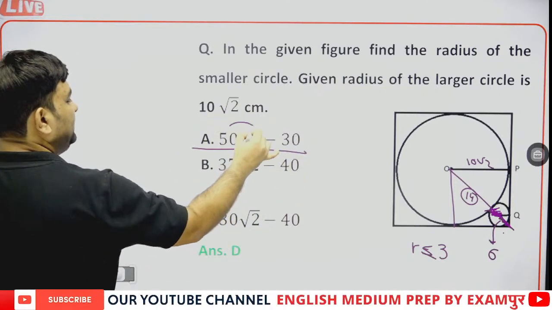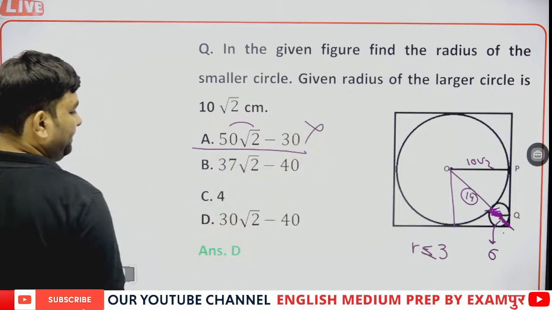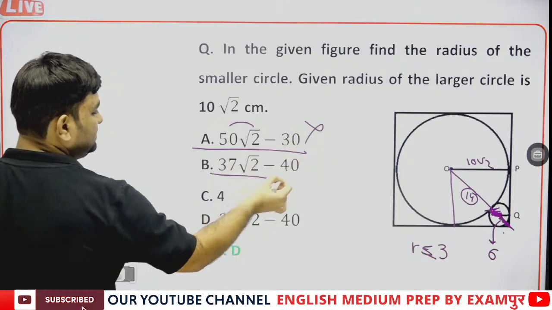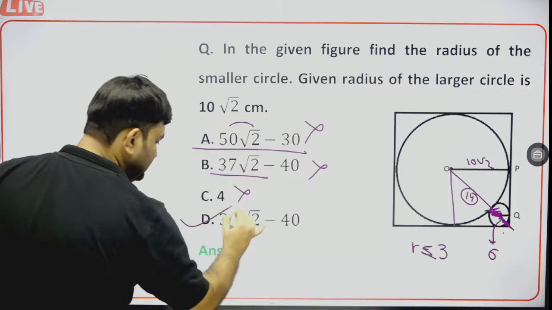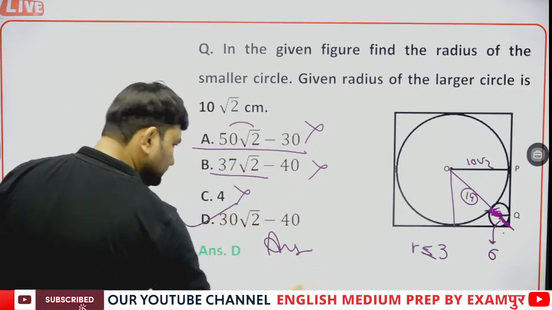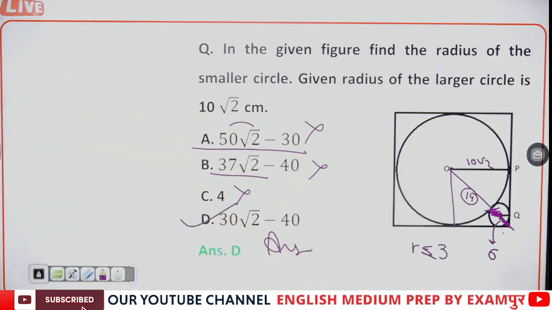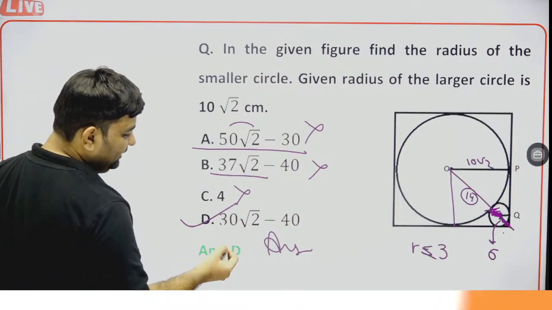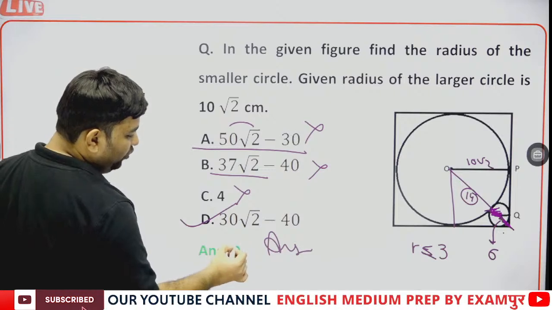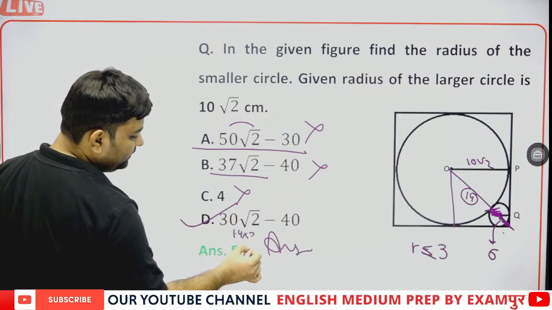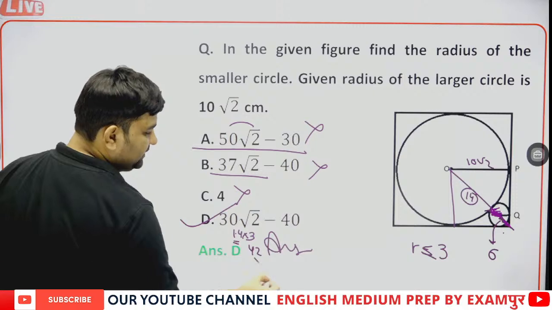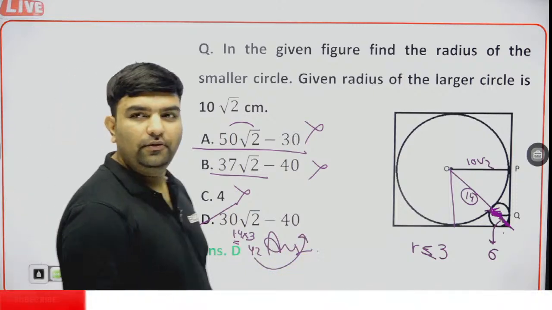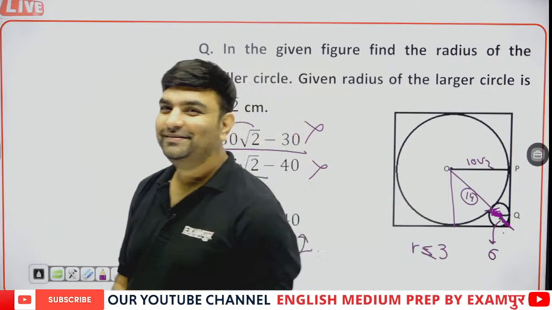This is 50, 70 minus 30, 40. This is the answer. Because 1.4 into 3 will become 4.2, 4.2 minus 4 is less than 3.